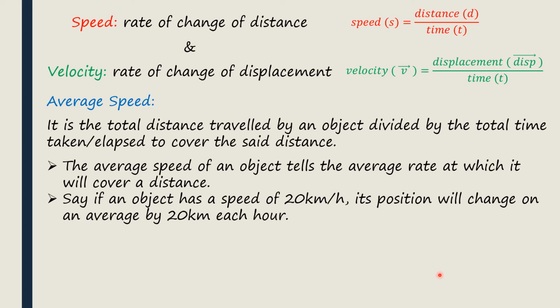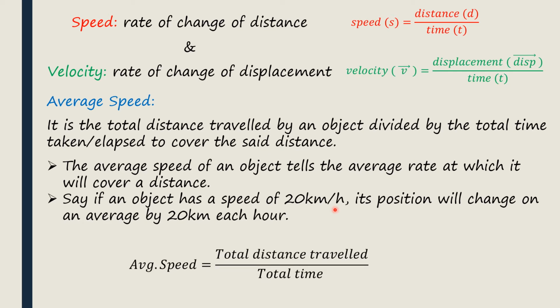So if the average speed of an object is 20 kilometer per hour, it means that in every single hour it covers 20 kilometers. This is because, by definition, it is distance traveled per unit time. So per hour the body is going to cover a distance of 20 kilometers.